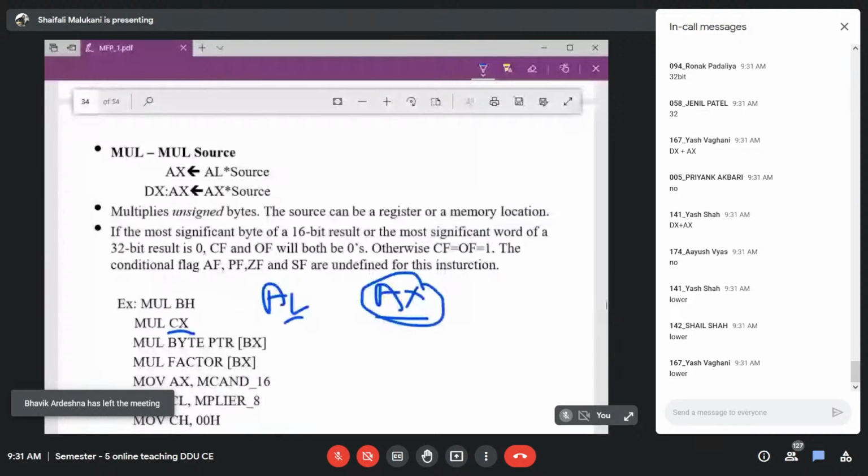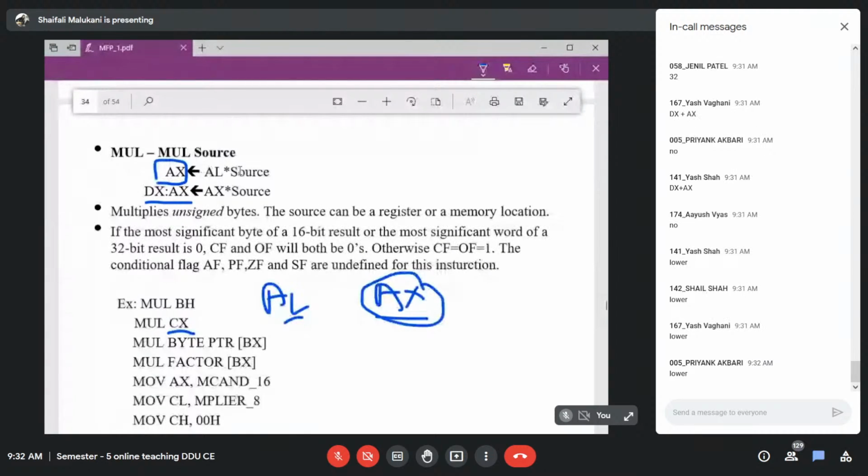If you observe it as a whole, DX AX will show you the 32-bit result. And if the result is 16-bit, what will AH store? Higher 8 bits, and what will AL store? Lower 8 bits. Okay, fine.